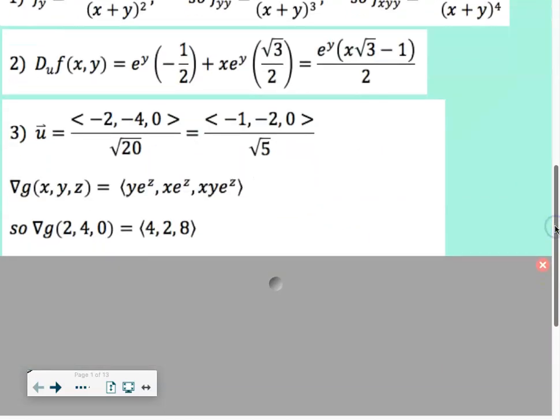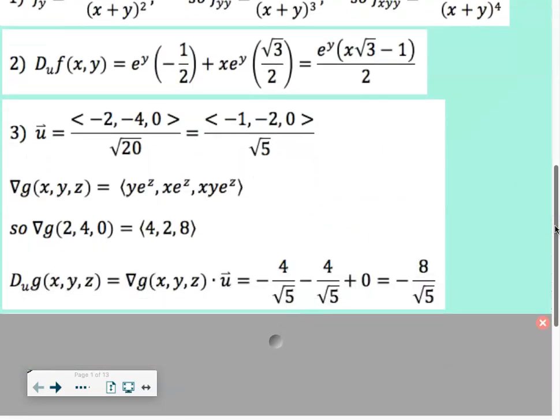No, because it's a dot product, it's got to be a number. 8 over root 5. There's my final. Which is equivalent, right? Because you pull out a 2. Except you guys, it is negative. Okay, good. So negative 8 over root 5. You casually drop the root 20. The only thing we need to learn is that it's got to be a unit vector, right? So a little learning.